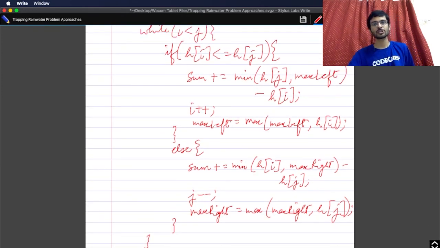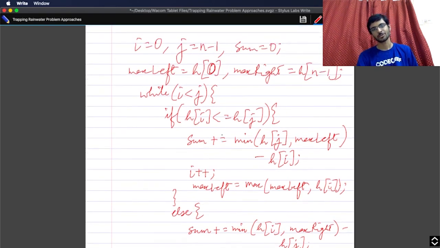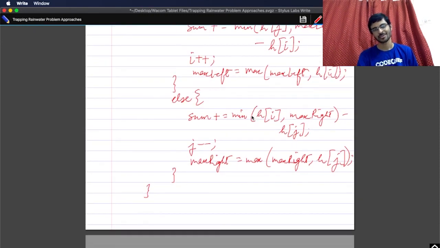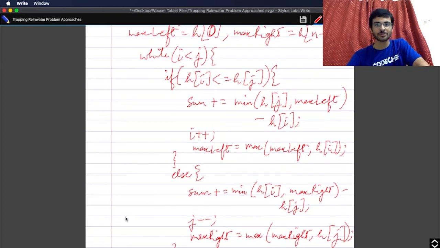You can see that there are only two variables, and now there is no order n space storage at all. Only h is there, that is the input array. But you can see that no extra space goes to order n or something related to input size. So now our approach is, you can see that at every iteration of this while loop, either i is increasing or j is decreasing, and the initial difference between i and j is n minus 1, and so there will be at most n minus 1 steps.